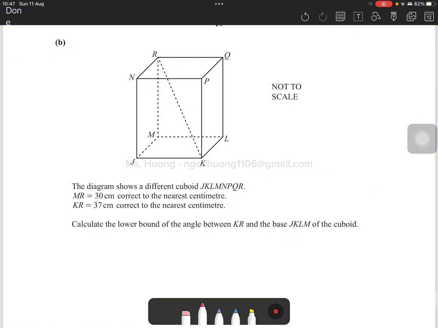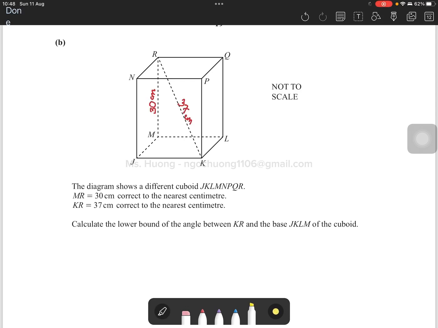Question B. The diagram shows a different cuboid JKLM and PQR. MR is equal to 30 centimeters, correct to the nearest centimeter. And KR is 37 centimeters, also correct to the nearest centimeter.